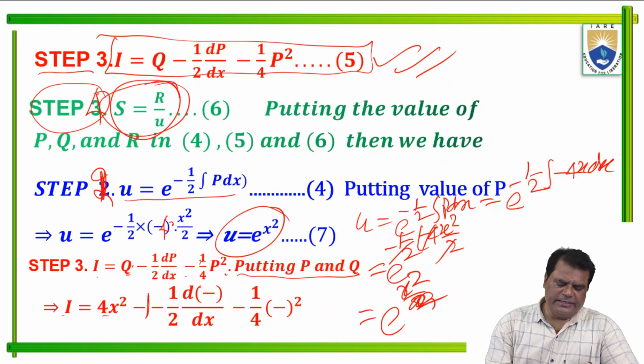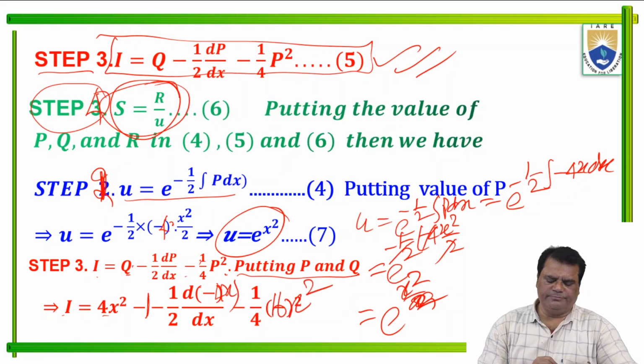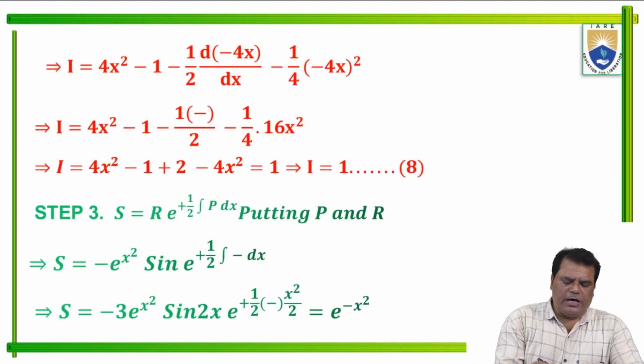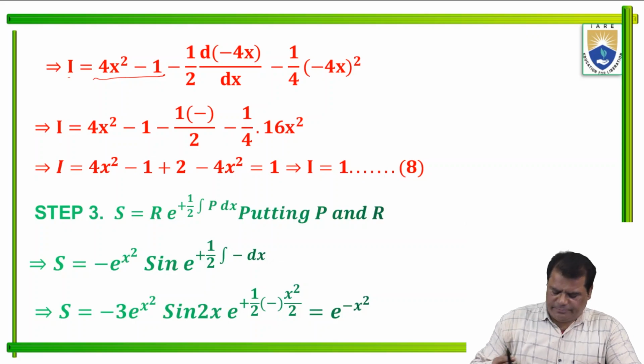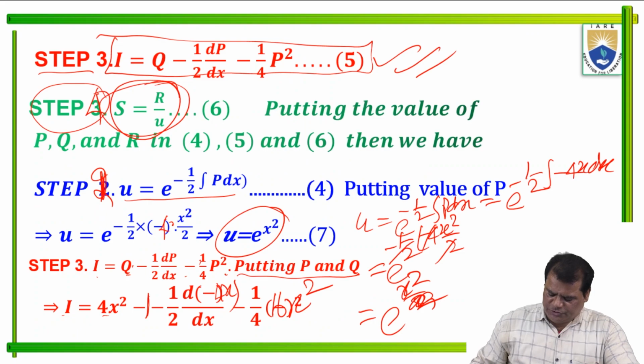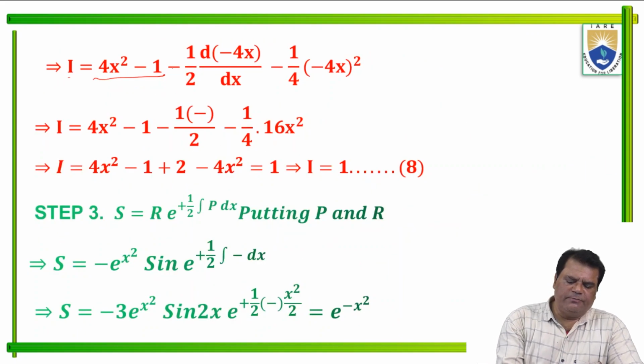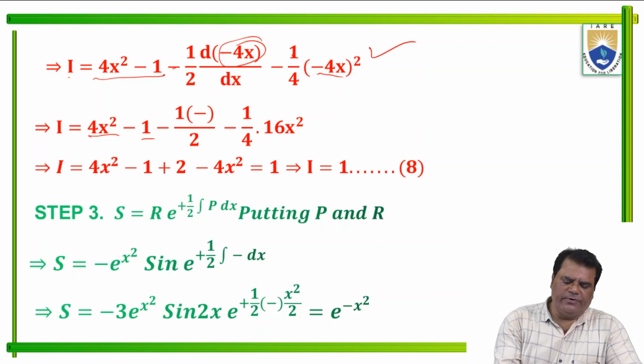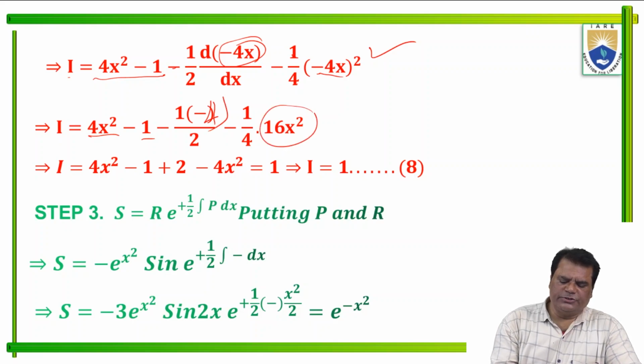Q is 4x squared minus 1, minus half d over dx of p, which is 4x, and minus 1 by 4 p squared, that is 16x squared. So I equal to 4x squared minus 1 minus half of 4, minus 1 by 4 into 16x squared.